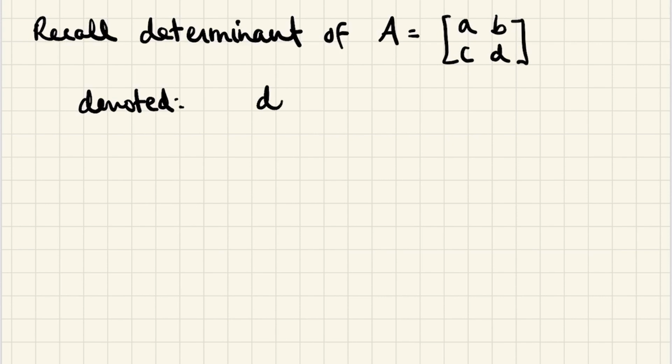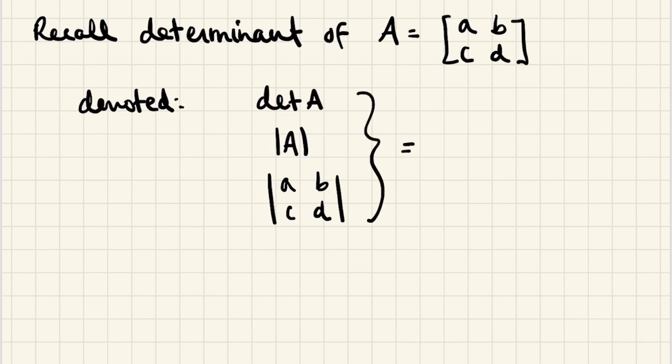You could either write det A, or you could write A in absolute value bars, which in the context of matrices means the determinant of A. Or you could even write out literally the terms of A, but instead of using the brackets, meaning the matrix itself, we use vertical bars, which means the determinant of A. And all of these are computed by taking the diagonal of the matrix A and multiplying those entries.